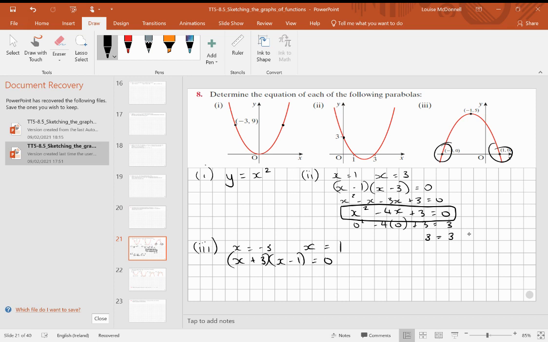Now we have x squared plus 3x minus x minus 3 equals 0. So x squared plus 2x minus 3 equals 0. Now, what else do we know is that they have given us this point here, which is (-1, 5).